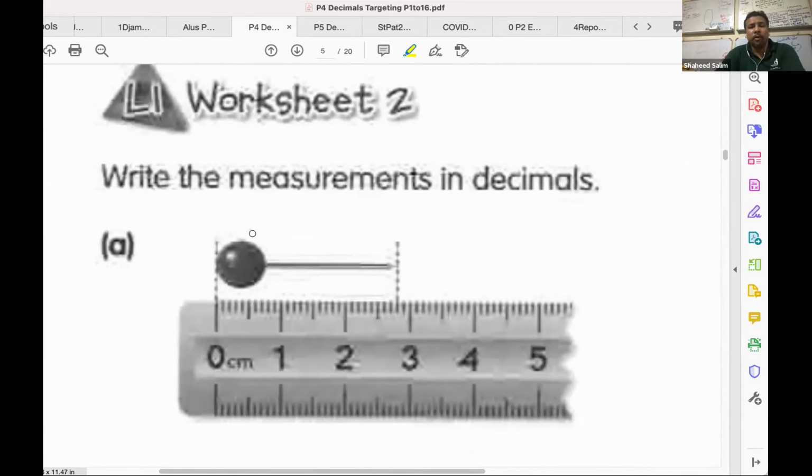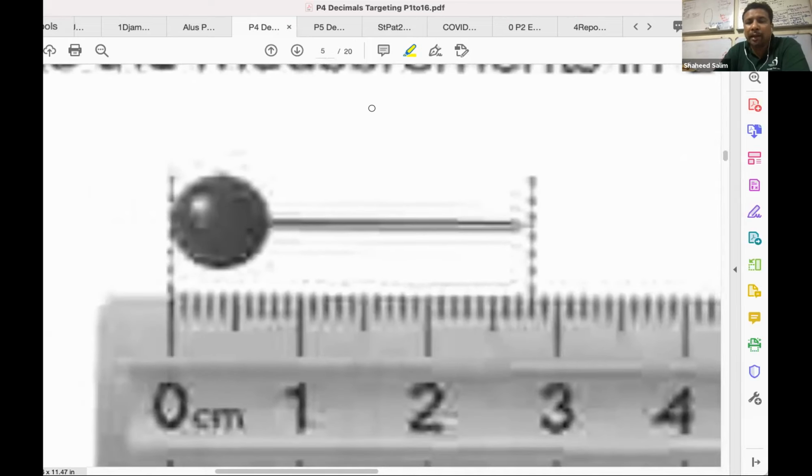This one now is very, very simple. Now we do the counting like this. If something is from here to here, this is 1 cm. Now notice in between 0 and 1, there are 10 parts. You see, 1, 2, 3, 4, 5. The 5 one is always the longer one. You don't need to count.